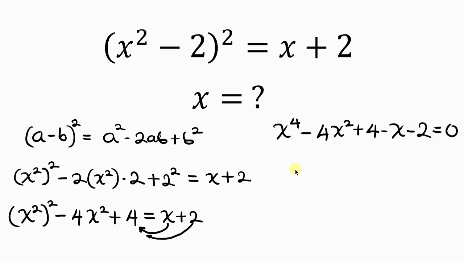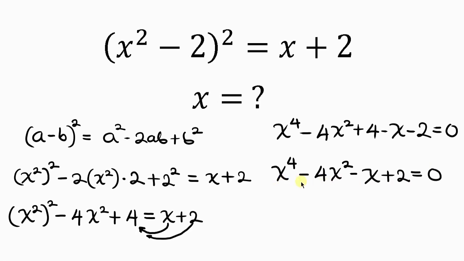Very good. So simplifying further, we have x to the 4th minus 4x squared, now minus x, now 4 minus 2 is 2. And this is equal to 0. Very good. Our next step will be for us to factorize.